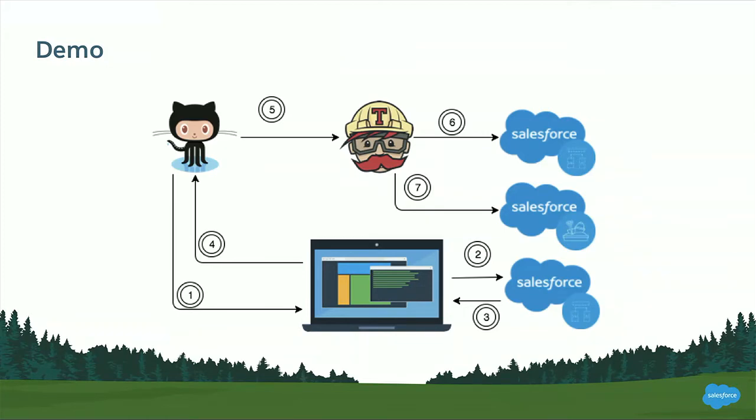In this case, I'm using Travis CI that will pick up that code, create a scratch org, do the Apex tests, which can be other tests, verify that everything is okay, and if everything is okay, push to a sandbox for the rest of the ALM process to happen.